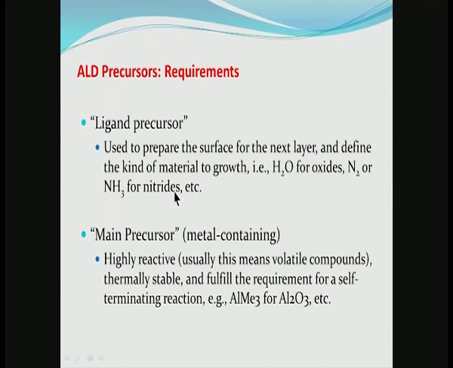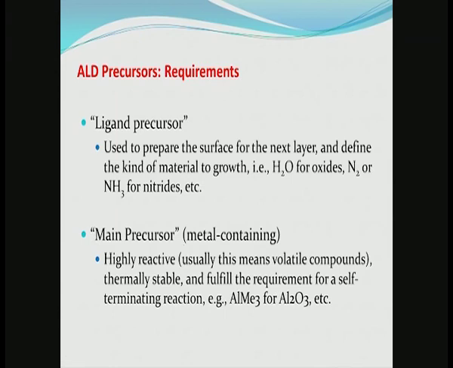Remember, we came across aluminum oxide, and we also came across titanium nitride in that Intel device, and therefore nitrides are also materials that can be deposited by ALD. So, nitrogen would then be the ligand precursor for forming nitrides, just as water is for oxides. The so-called main precursor is the metal-containing precursor.